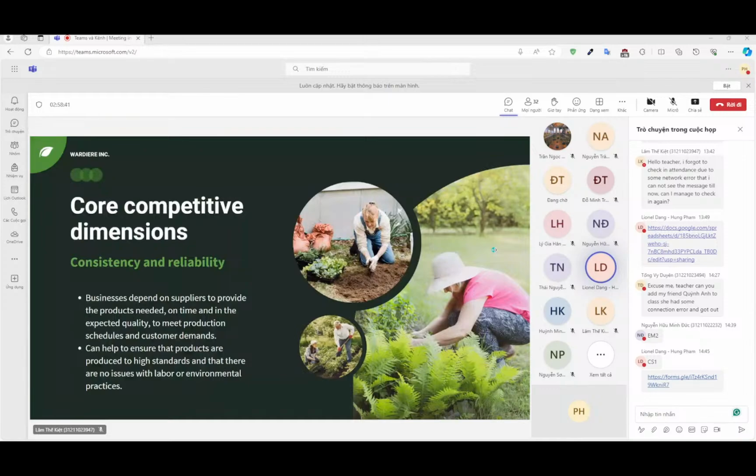You put the business depends on suppliers. You talk about the suppliers, quality, and standard, labor, whatever. I don't know which one is to address the core or the winner criteria, right?